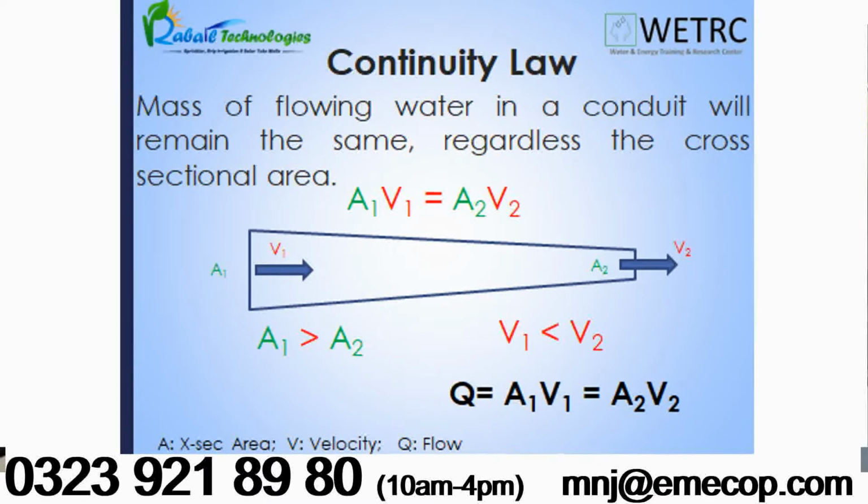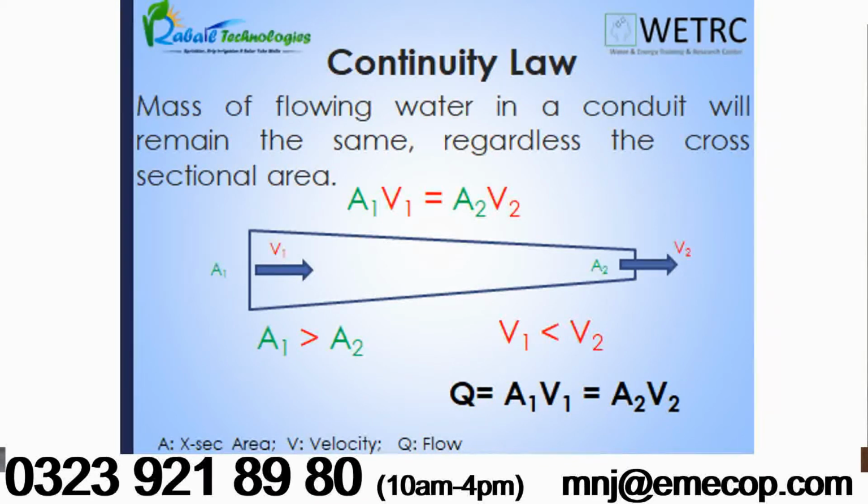So this is the continuity law: the amount of fluid flowing in the conduit, if there is no outlet other than a single one, will remain the same as what leaves that conduit.